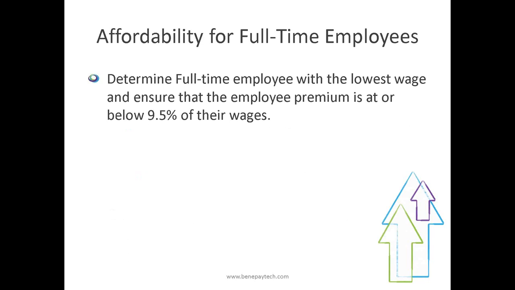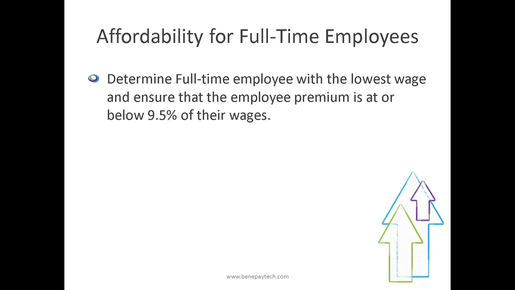Now, to calculate based on the safe harbor process, you'll first need to determine the full-time employee with the lowest hourly wage. If you need assistance with that, you can contact your CSR, and they can walk you through determining which employee has the lowest wage. We can do that with a report writer very simply and get that information over to you.